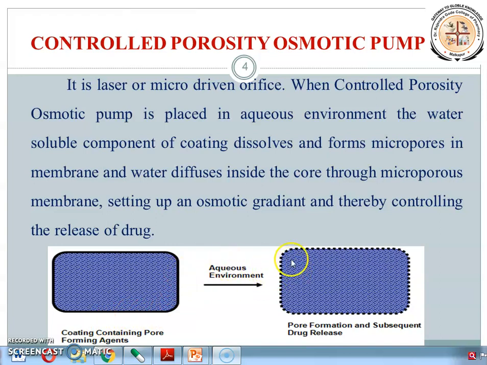See here, this is the dotted line, so it creates pores when it comes in contact with the fluid, and thus water may enter into the system, creating an osmotic difference, and the drug may be released through the small orifice which may be formed at the particular site. In such a way the drug may be released through the controlled porosity osmotic pump.